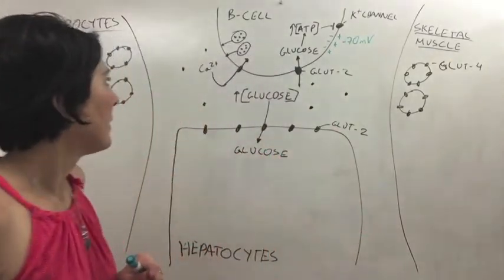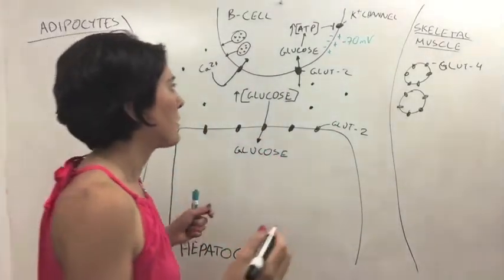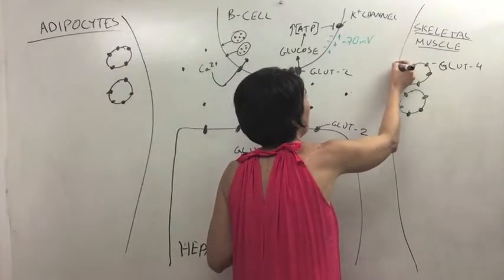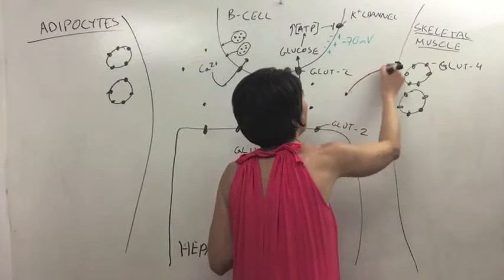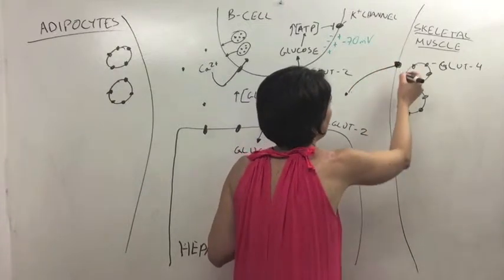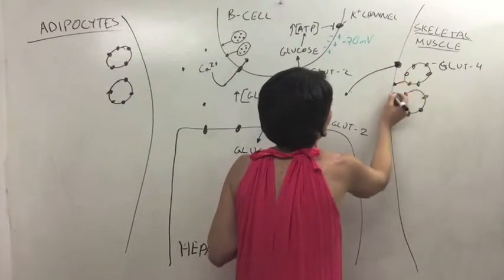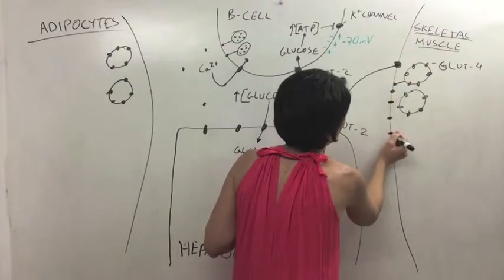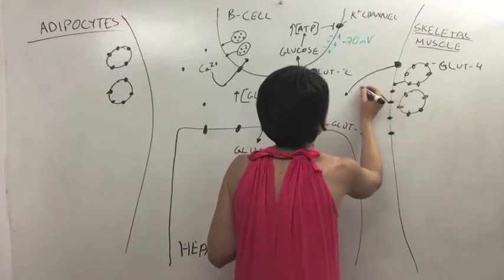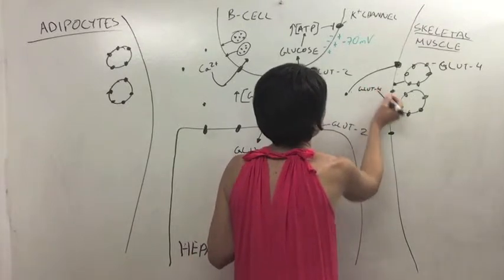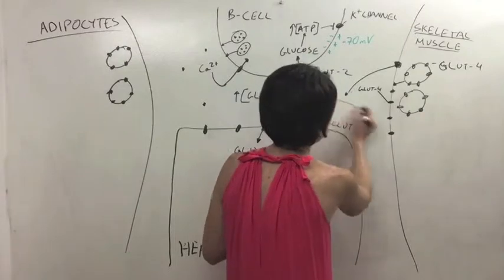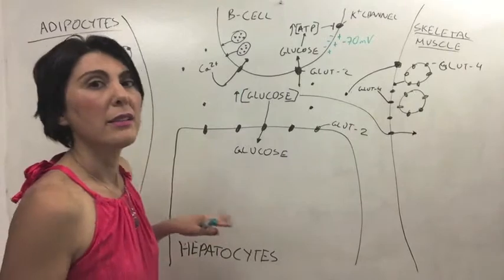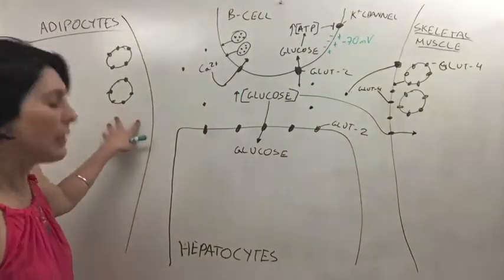Okay. Now, what's insulin going to do? Well, it's going to go and bind to the insulin receptors on the muscle cells. Okay, and this is going to cause the insertion of the GLUT4 transporters on the membrane. So these are GLUT4. And so glucose can then enter the muscle cells. This is the same thing that's going to happen to the adipocytes.